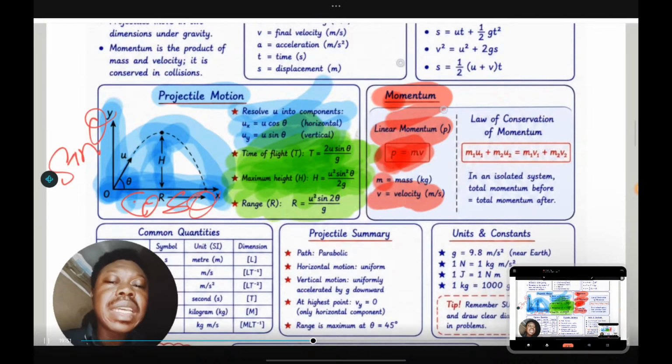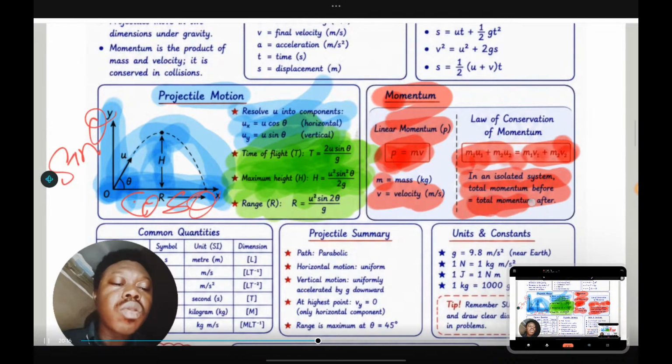It is just repeating this particular formula: mass times velocity plus mass times velocity, depending on the number of bodies. This one means you have 2 bodies, M1 and M2, and this part represents initial, this part represents final. In an isolated system, total momentum before collision equals total momentum after collision.